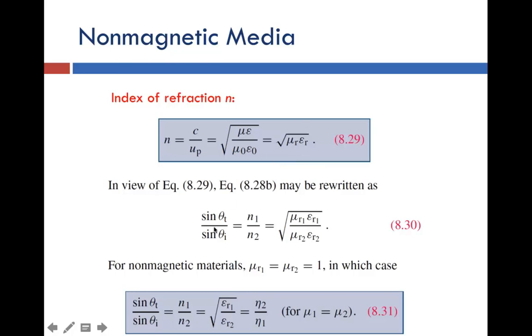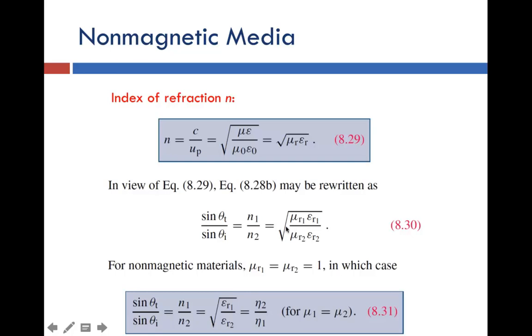So we could write the transmitted and incident angles as a ratio of n1 over n2. Note that they are inverted. The transmitted angle is occurring in medium 2, the incident angle is occurring in medium 1, so the indices of refraction are flipped in the fraction, just like mu and epsilon are.